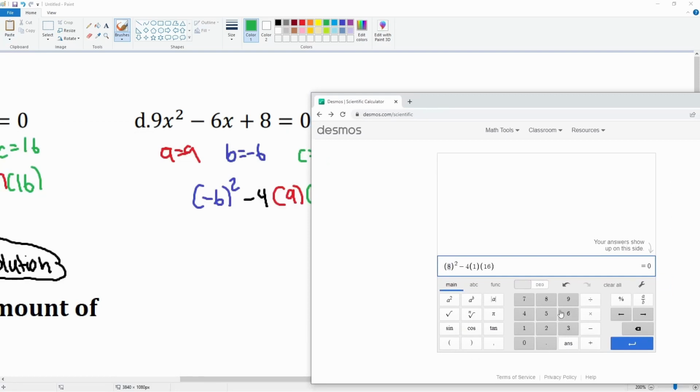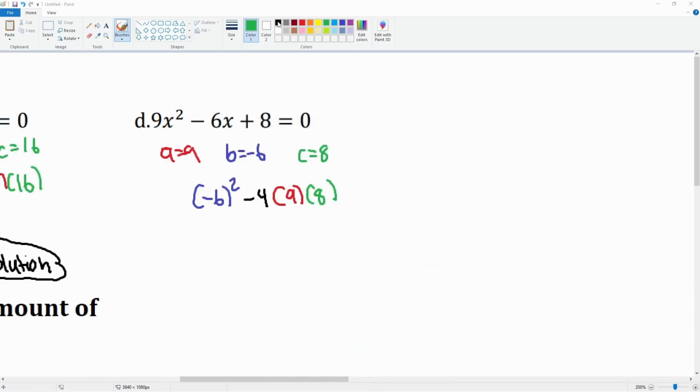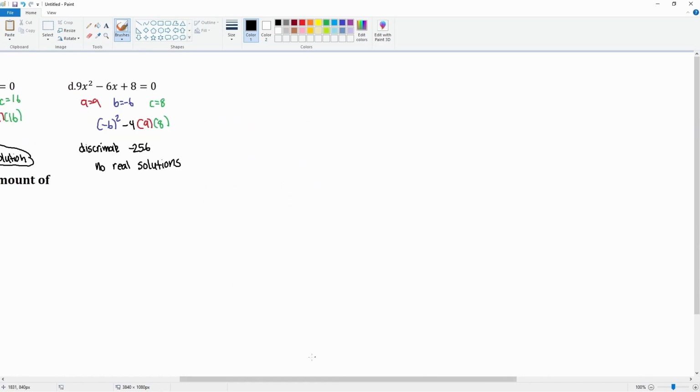This is -6 squared minus 4 times 9 times 8. And that is negative 252. So the discriminant is negative 252. This means it has no real solutions, right?